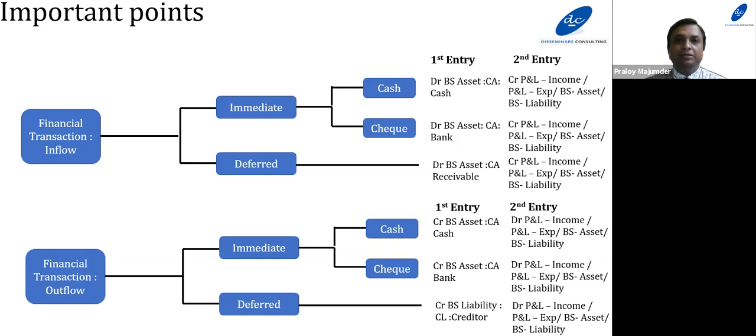In subsequent lessons, we shall do a lot of other examples so that you become familiar with almost all financial transactions a business entity incurs or undertakes during the normal course of operation. Thank you very much for watching this video.